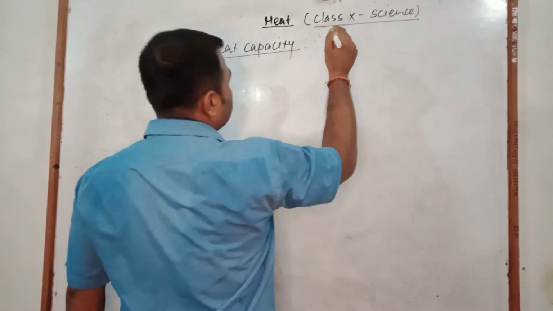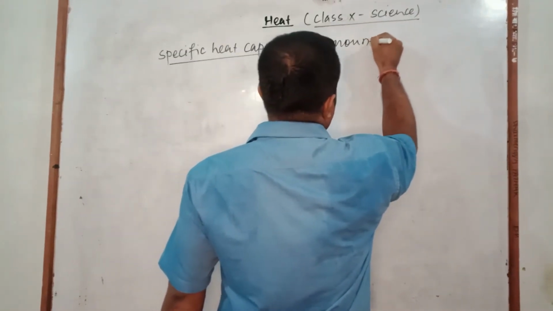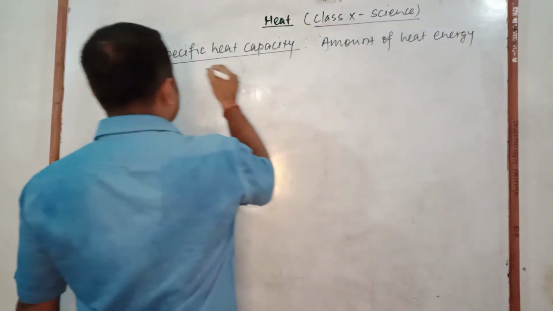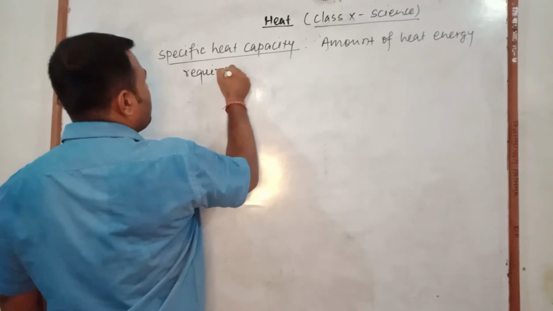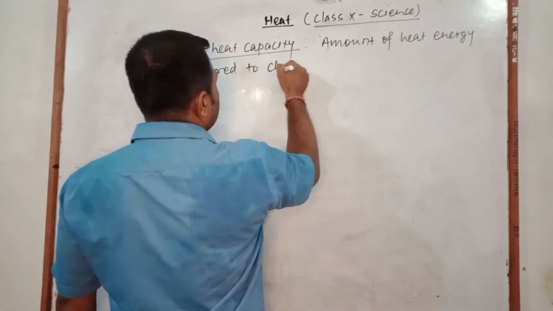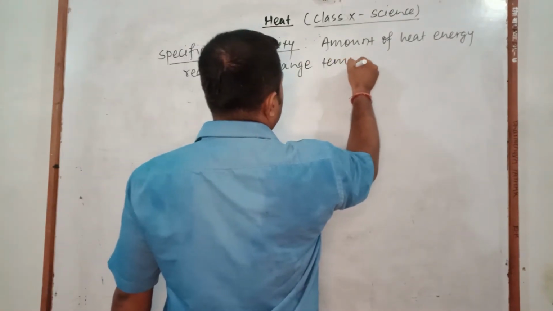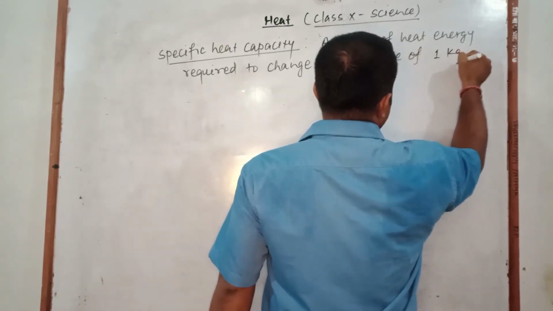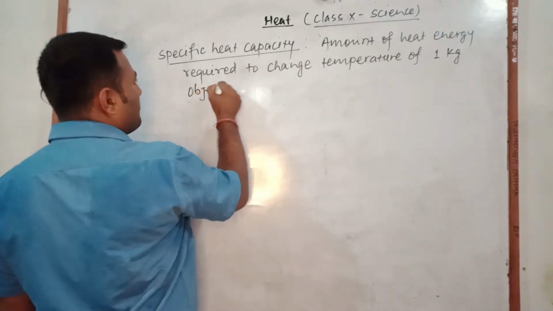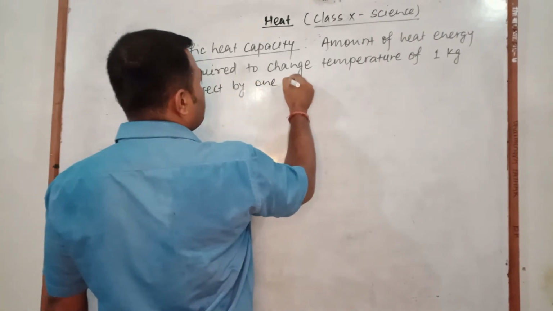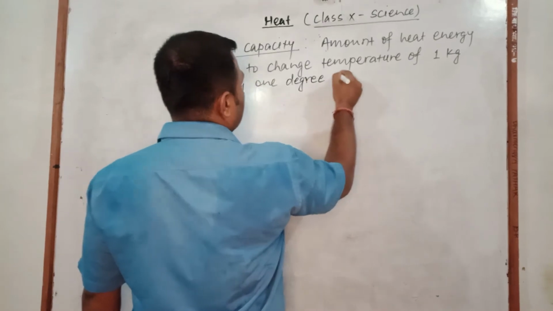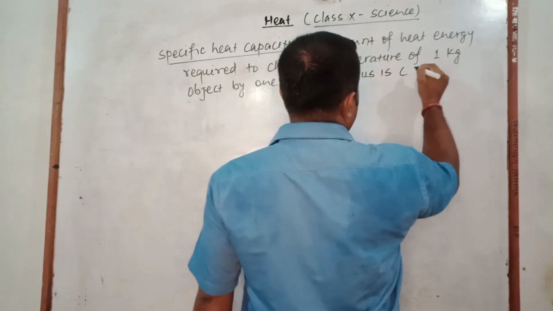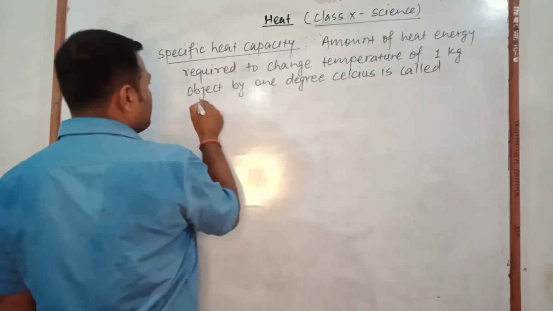We can define it as the amount of heat energy required to change the temperature of one kilogram object by 1 degree Celsius is called specific heat capacity.